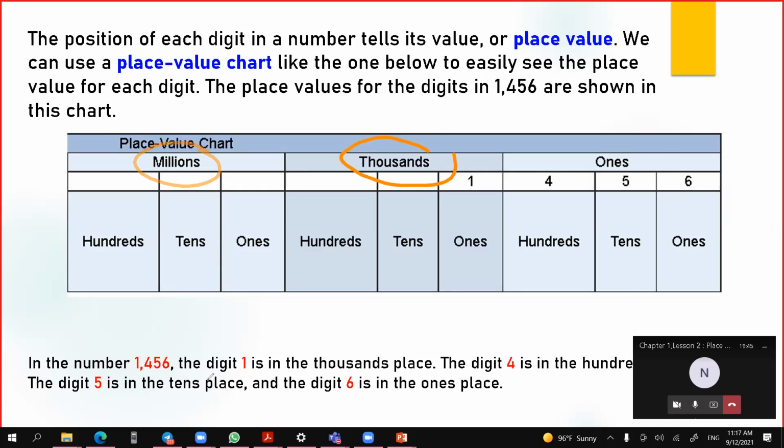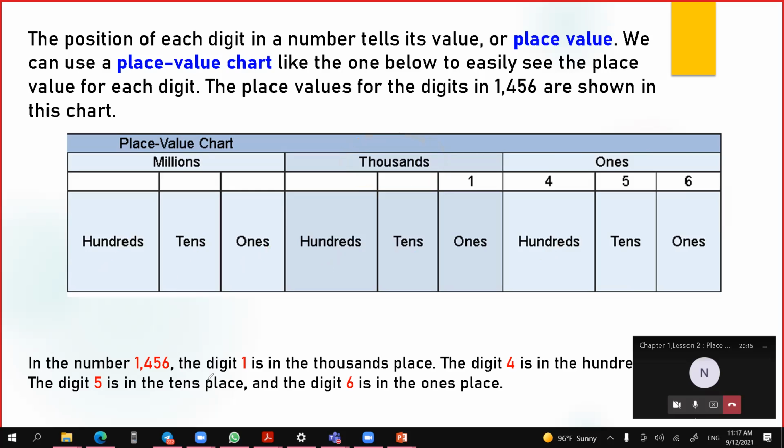Up to now, it has an infinite number of periods, but up to grade 5, you have to know 3 periods: ones, thousands, and millions. This is a period, this is a period, and this is a period. And in each period, we have ones, tens, and hundreds. In the thousand period, we have ones, tens, and hundreds. And in the millions period, we have ones, tens, and hundreds.